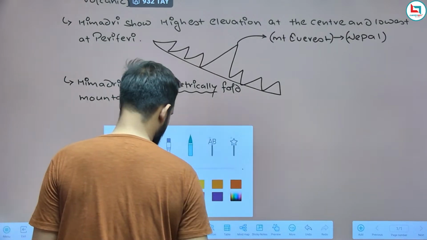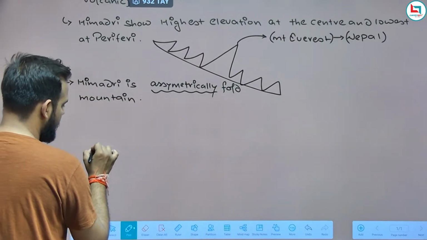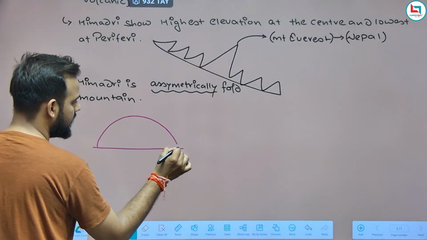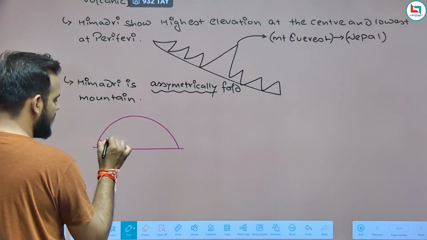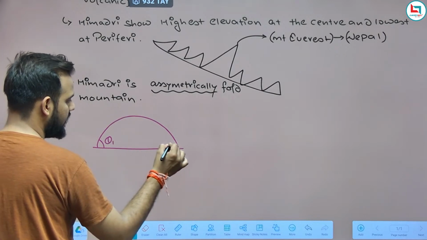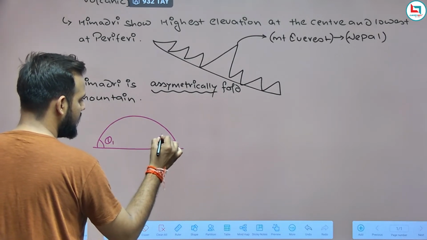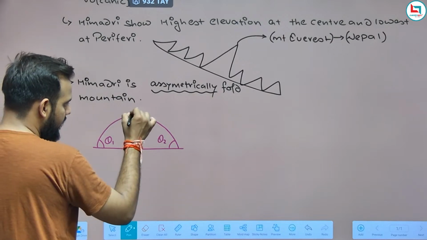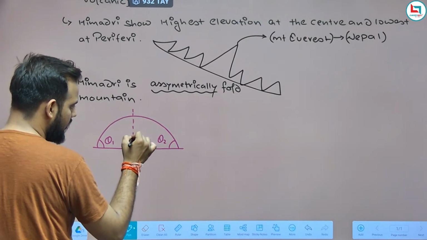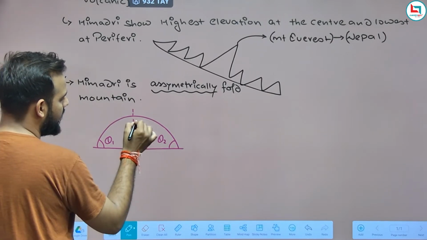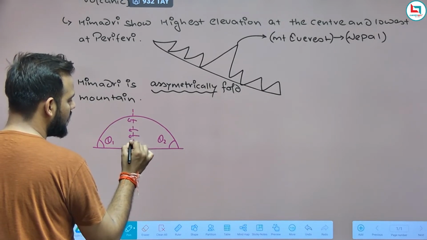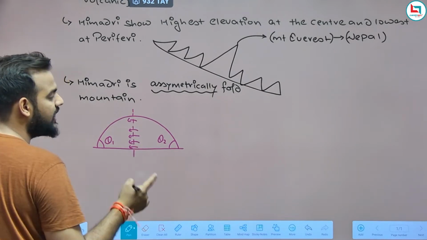Now, guys, if I make a diagram like this, and if I make the angles, we have theta 1 and we have theta 2. If we cut this particular diagram and we fold it out, then this particular thing will show the mirror image.